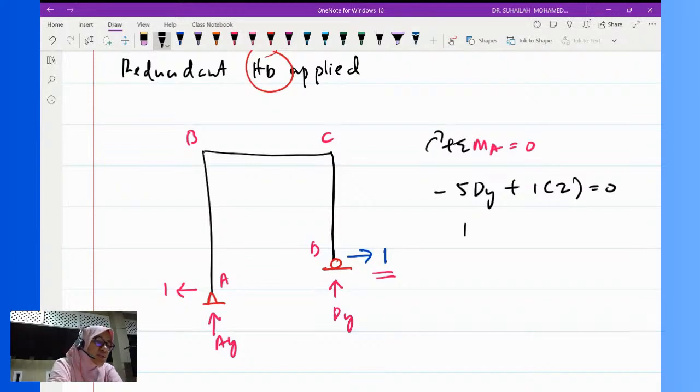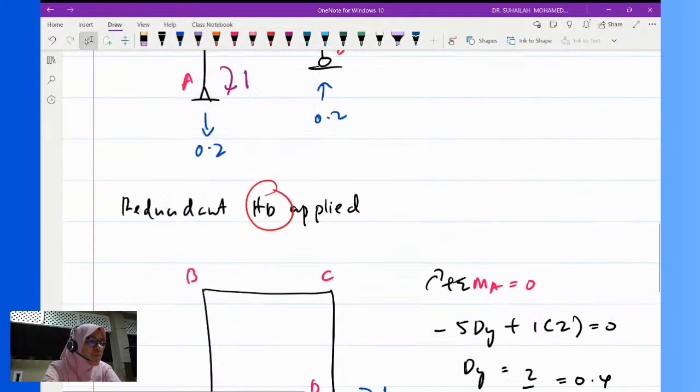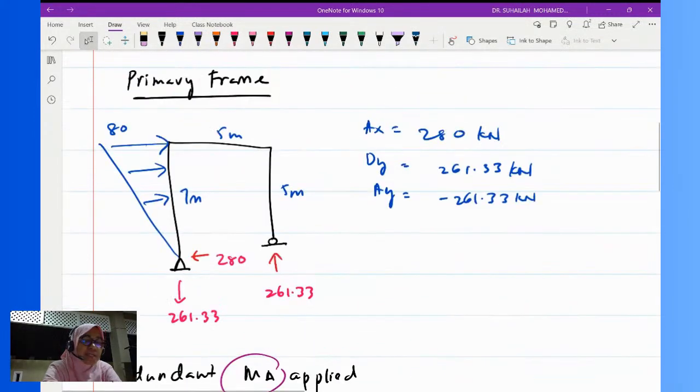So DY is 2 divided by 5, it is 0.4. So DY is 0.4 and AY is negative 0.4. Now we will focus on the three determinate frames.